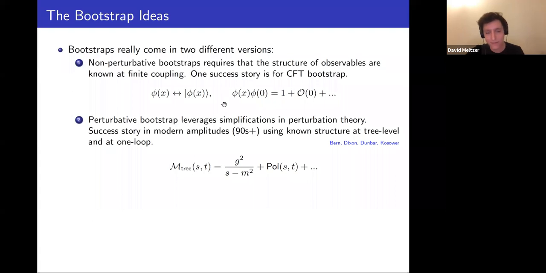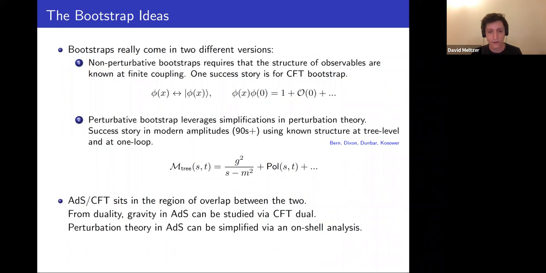And then in between these two bootstraps, I think sits AdS CFT. So we know from the holographic duality that gravity in AdS can be studied through its CFT dual, which has all this nice rigid structure. And we also know that perturbation theory in AdS can be simplified to an on-shell analysis. And this is in line with what's been done in the modern amplitudes program.